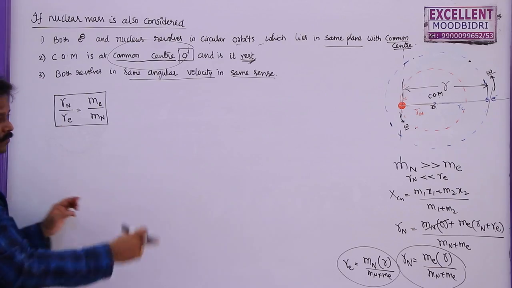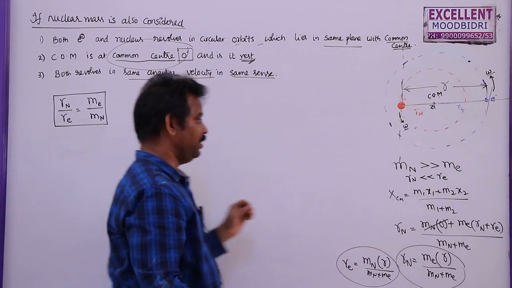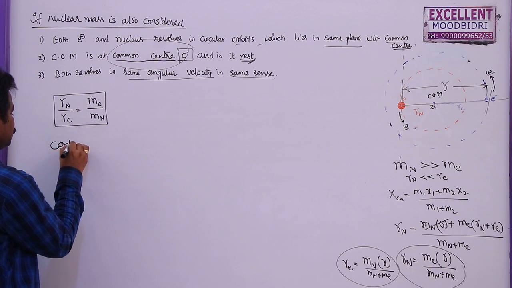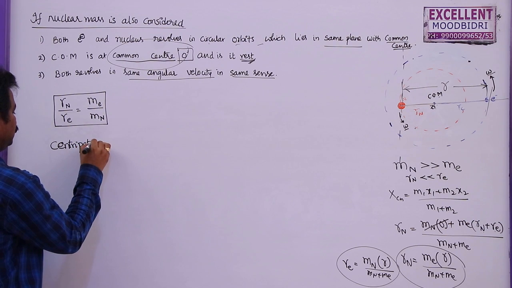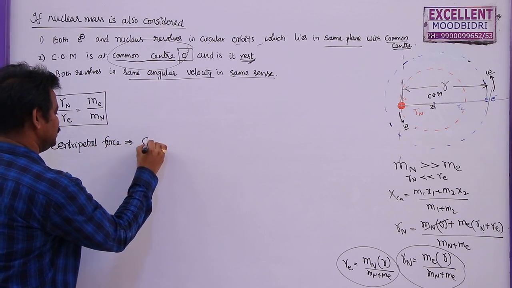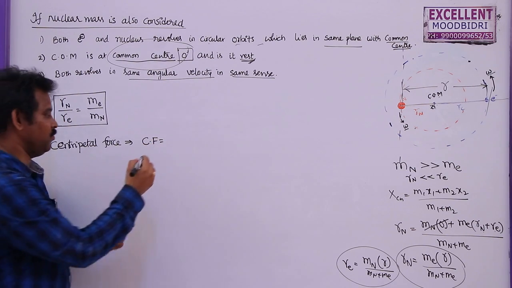Centripetal force is required for the electron to move in a circular orbit. The centripetal force is equal to mv square by r or m r omega square.